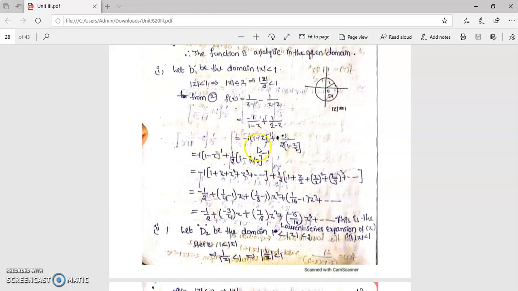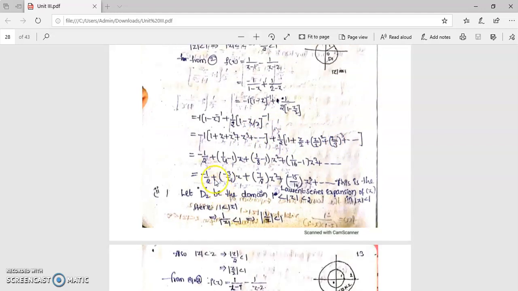So now expand this part. Since mod z is less than 1, we can expand it. Here also take 2 common and write it in the numerator. We get this function and expand it. (1-z) to the power -1 is this expansion, and (1 - z/2) to the power -1 means this expansion.